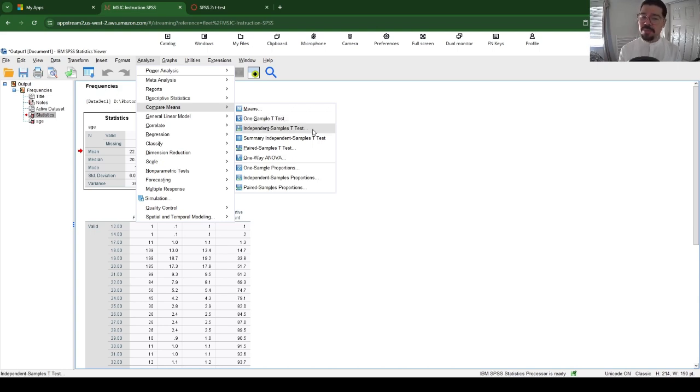Those are the two we're going to be working with for this particular video. We also have this paired samples t-test. Paired samples is another name for dependent samples. Remember, we're not going to be conducting one with this particular data set, but I want you to keep in mind that it's through this particular button, if you will, that we would be able to conduct that dependent samples test.